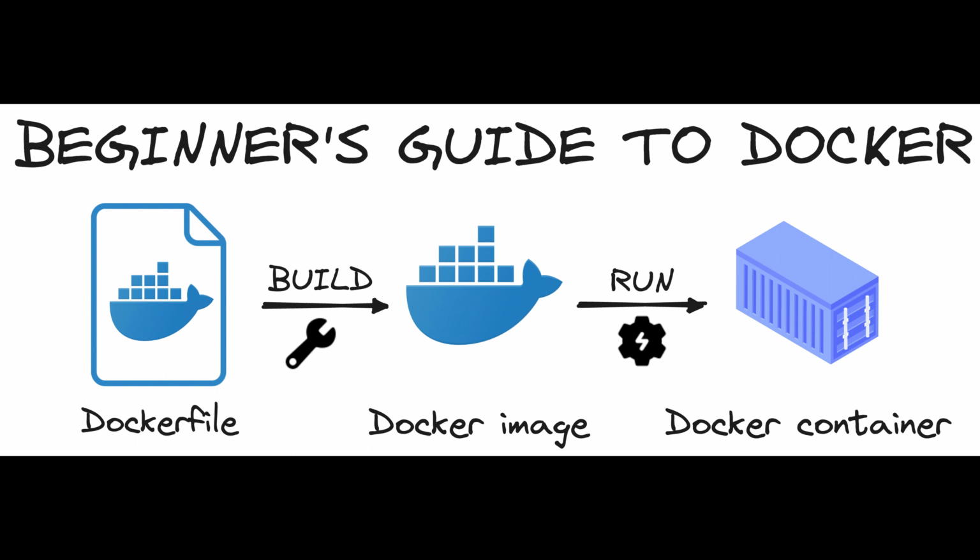So we have covered and discussed in detail containers and images, and today we will be discussing in detail what is a Dockerfile, how to create a Dockerfile, and all the commands used in a Dockerfile.